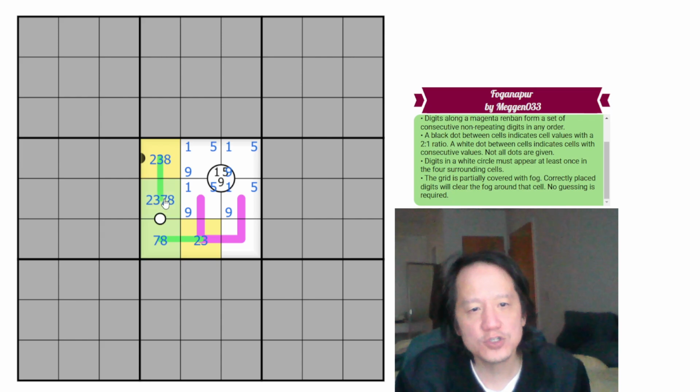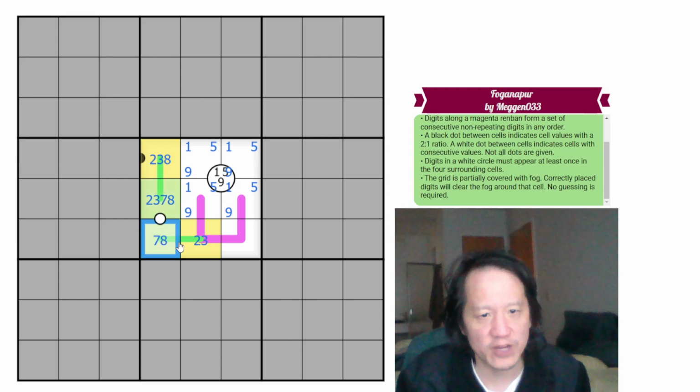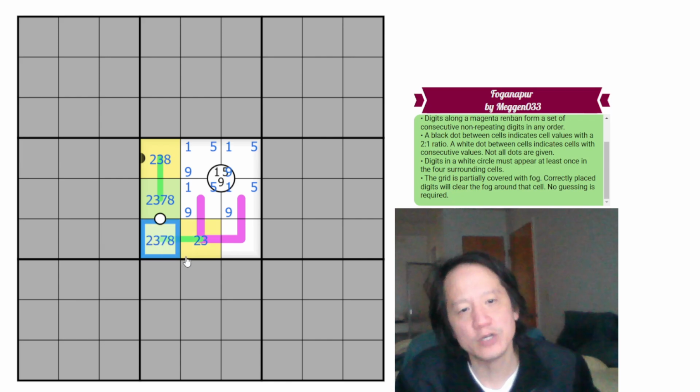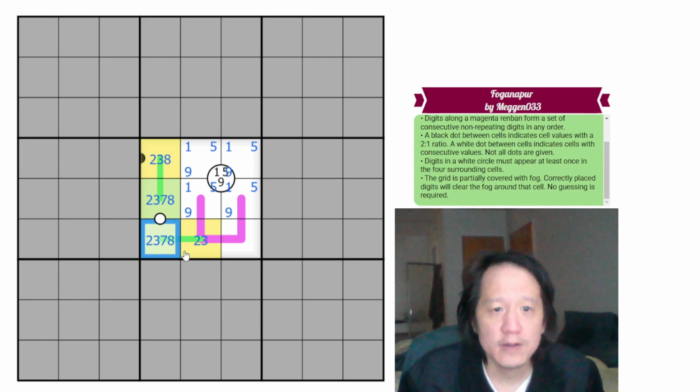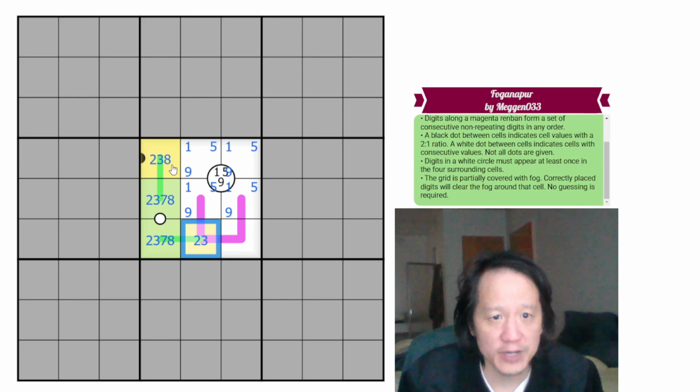Now, if this is 2 or 3, this could be 2, 3, or 4. But if this is 4, it would have to be next to a 9 on a German whisper line. Therefore, this is 2 or 3 also. Therefore, if this is 8, this has to be 2 or 3. This cannot be 9. It would have to be a high, but it can't be 8 or 9, so it could be 7 at most.